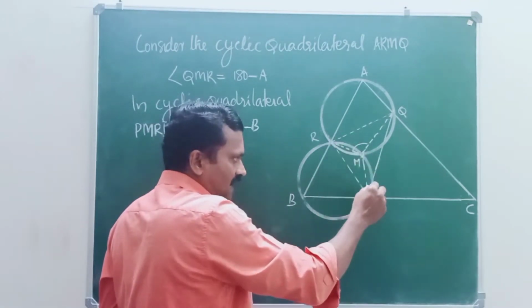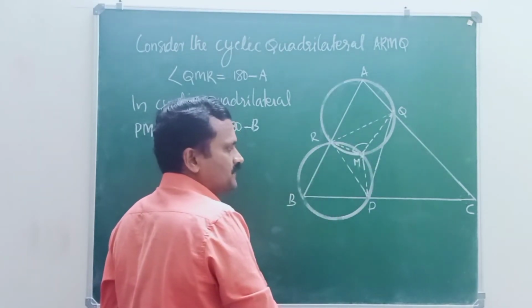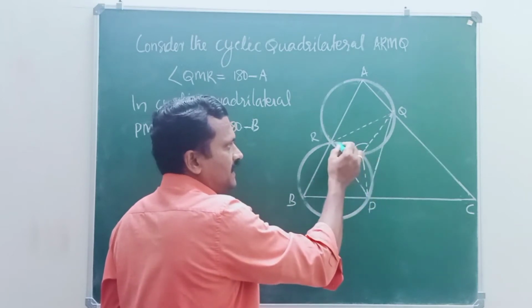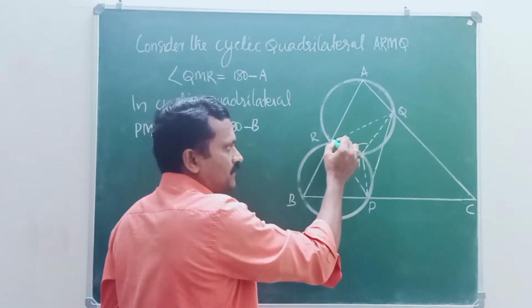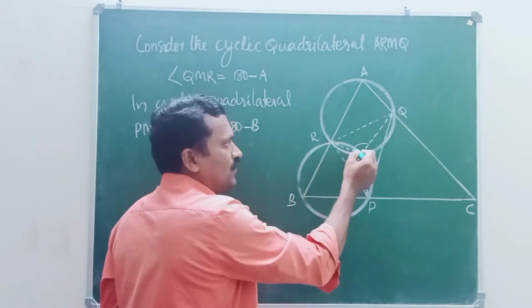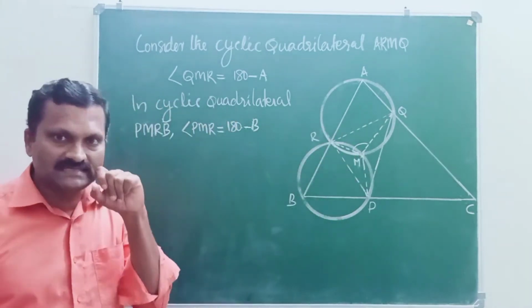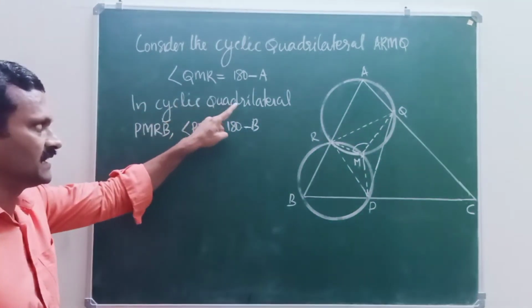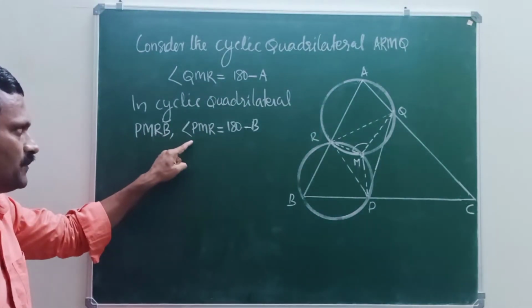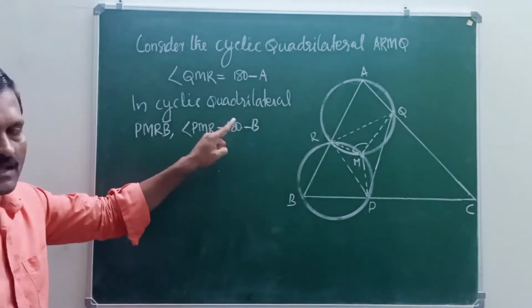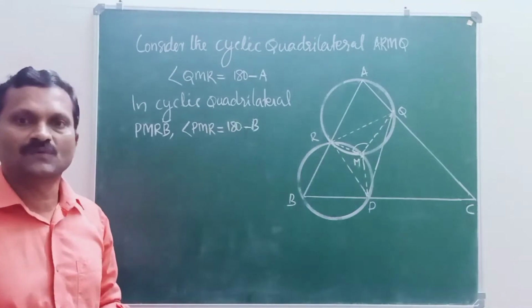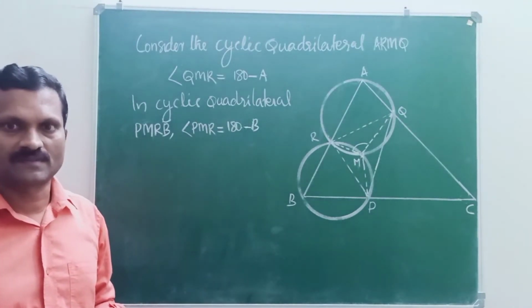In cyclic quadrilateral PMRB, angle PMR is equal to 180 minus B. That is the second point.